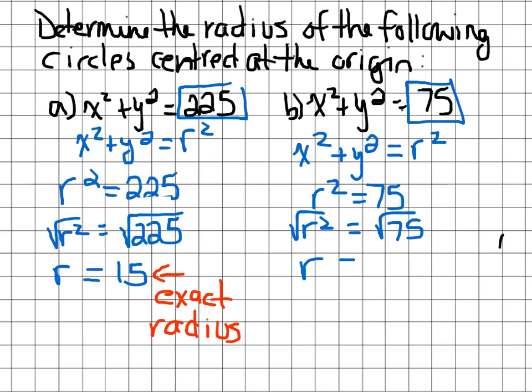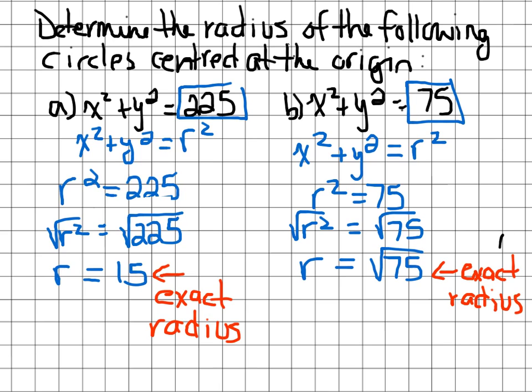So the square root of r squared is the square root of 75. So the radius is the root of 75. That means that this is the exact radius because 75 does not have a perfect square root.